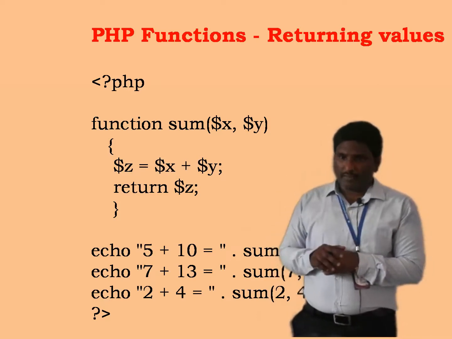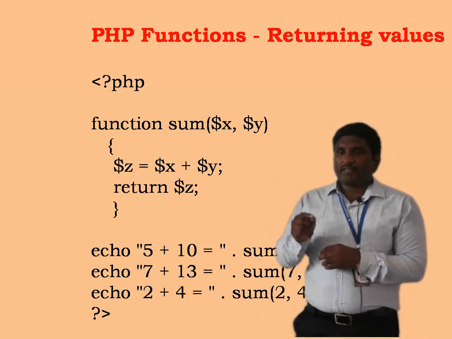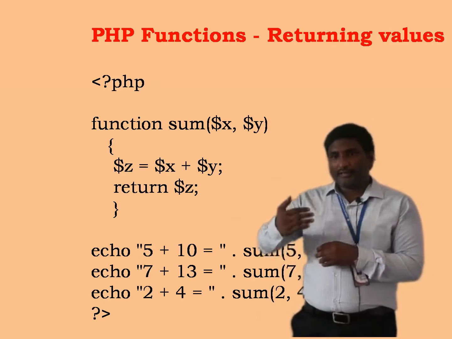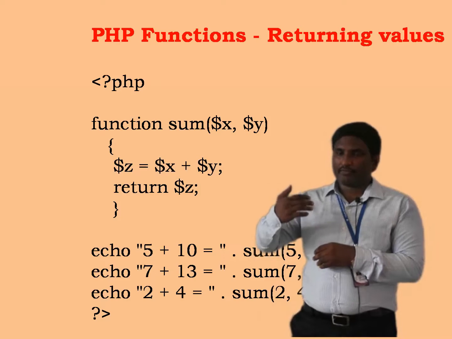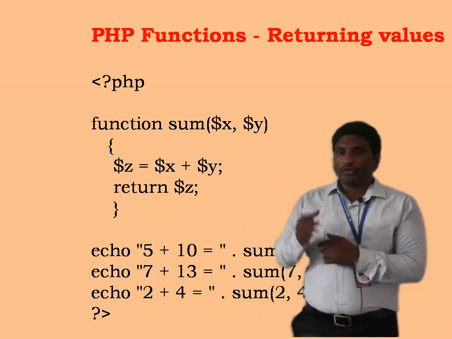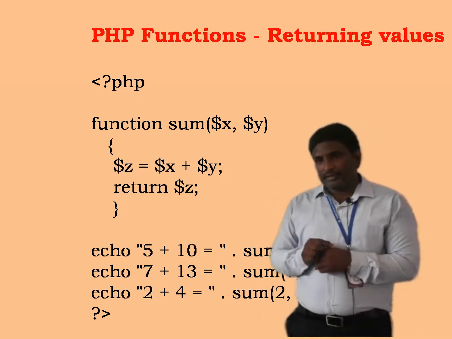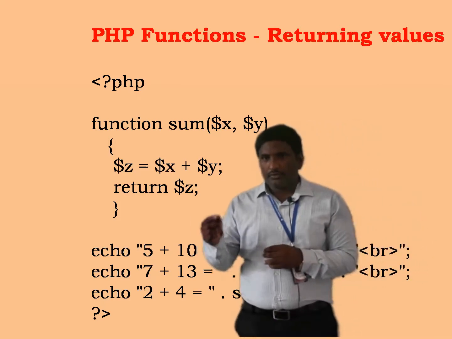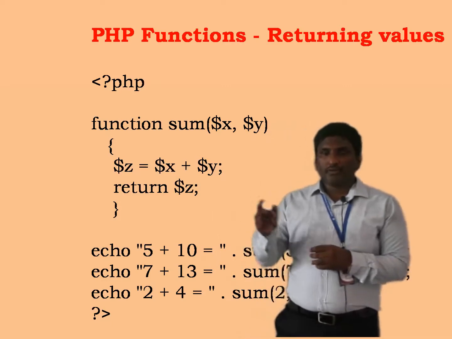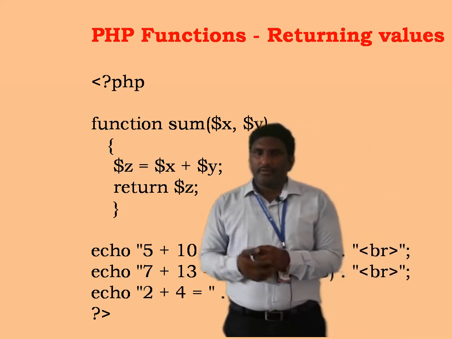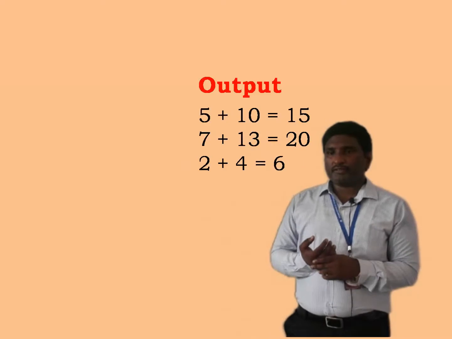So 5 plus 10 equal to 15. Like that, the second and third calls get their output. So the total output for this program is 5 plus 10 equal to 15, 7 plus 13 equal to 20, 2 plus 4 equal to 6. This is the output for this program.